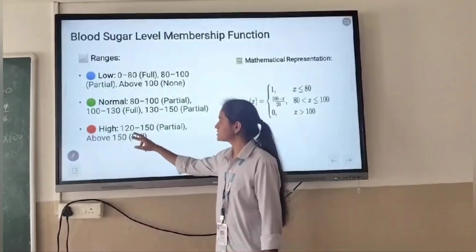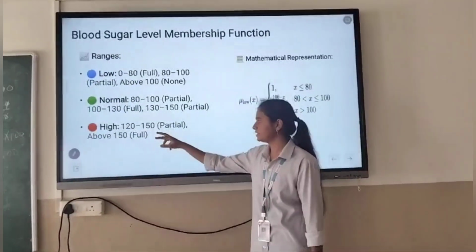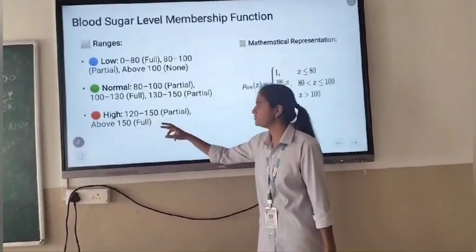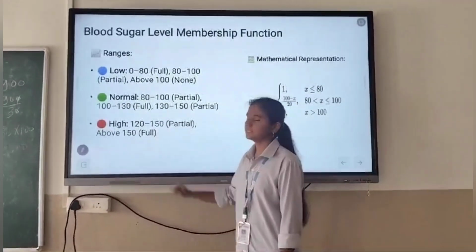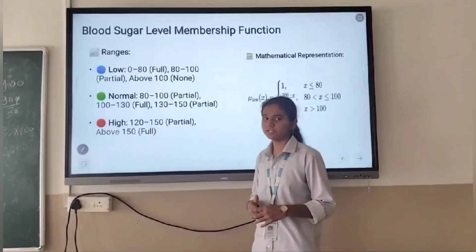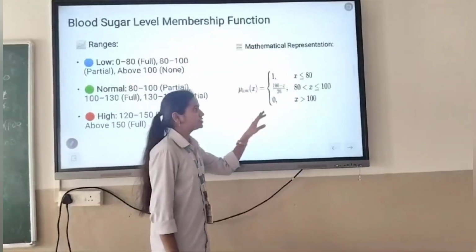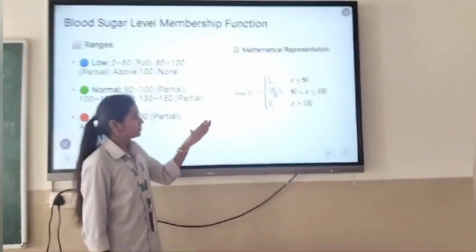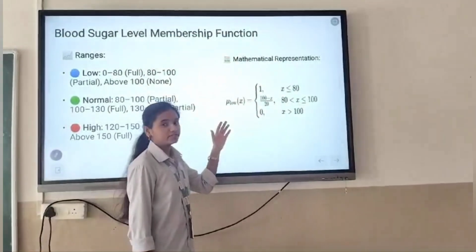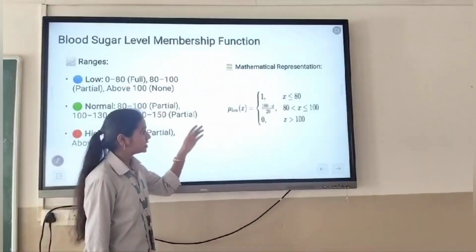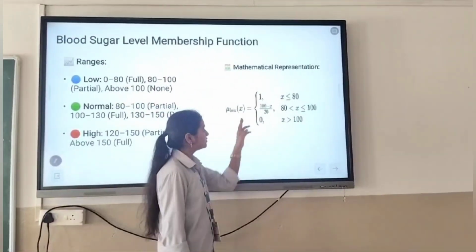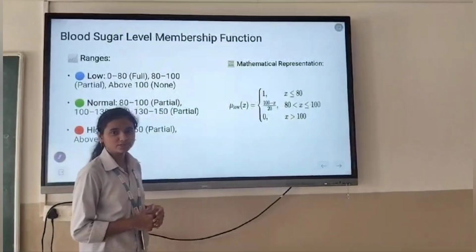and if the person's sugar level is from 120 to 150, then that person has a high blood sugar level. See, here is the membership function for low blood sugar level. Here X represents the blood sugar level.